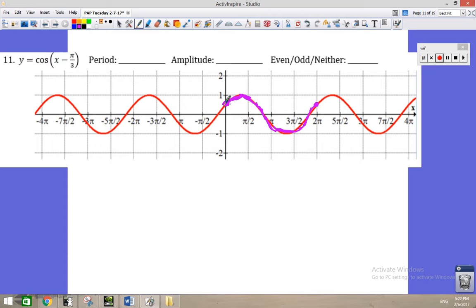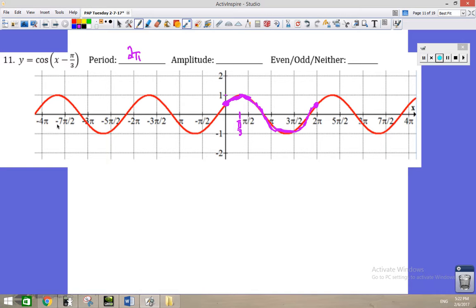So even though this had a shift to the right of pi over 3 units, and originally it was the cosine, that (0, 1) got shifted over here, and we'll learn that in detail later. The x-coordinate here is 2 pi, and the x-coordinate here is 0, and that length to complete that one cycle is 2 pi.